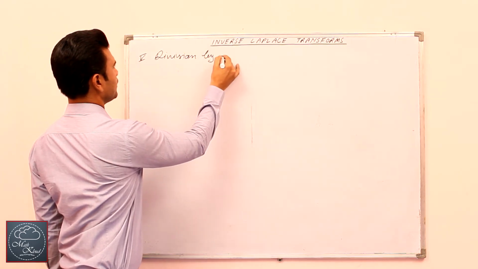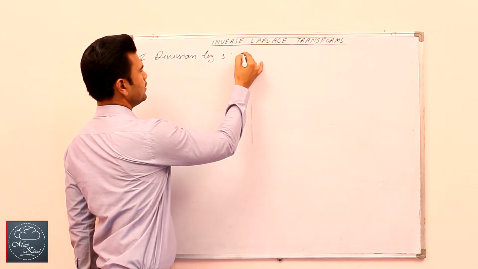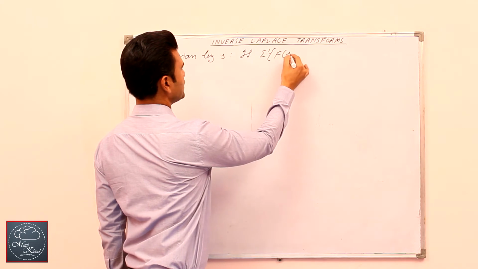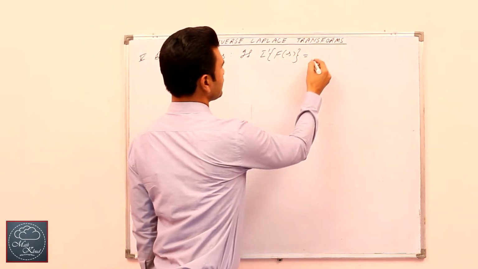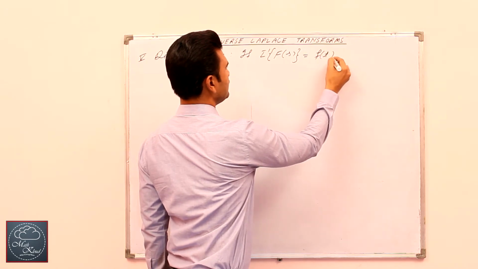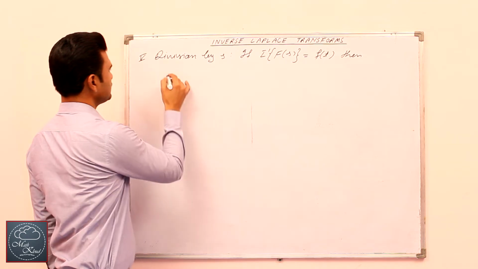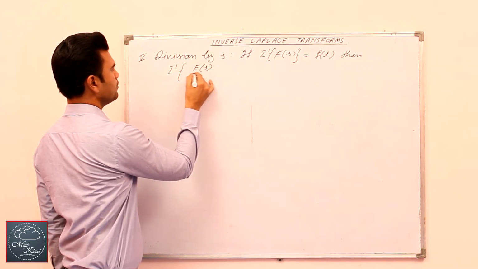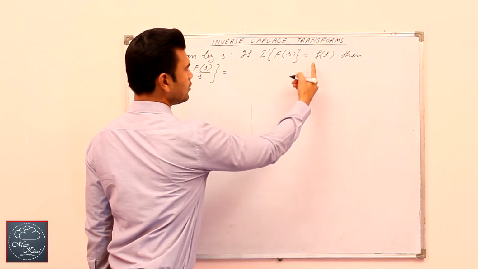It says that if the inverse Laplace transform of a function f(s) is known, and say it is f(t), then the inverse Laplace transform of f(s) divided by s will be given by the integral of this function f(t) from 0 to t.